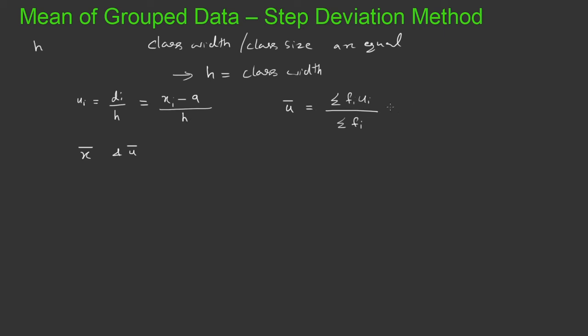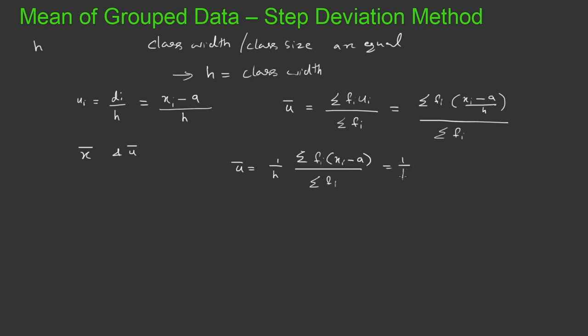Substituting here, I can get u bar is equal to sum of fi into xi minus a divided by h, divided by sum of fi. h is a suitable divisor, a constant, I can take it out. Therefore, u bar is equal to 1 by h into sum of fi into xi minus a divided by sum of fi.